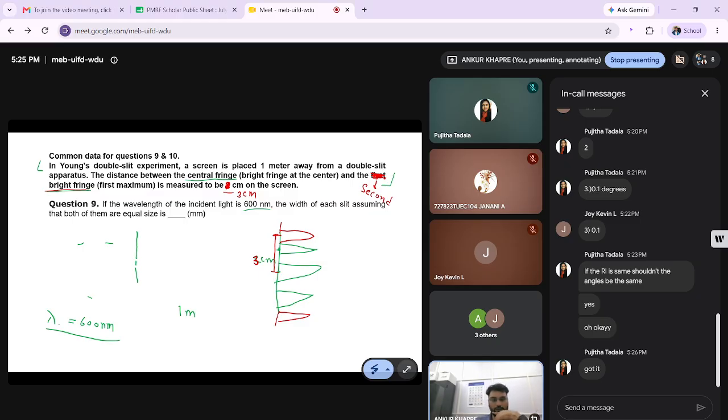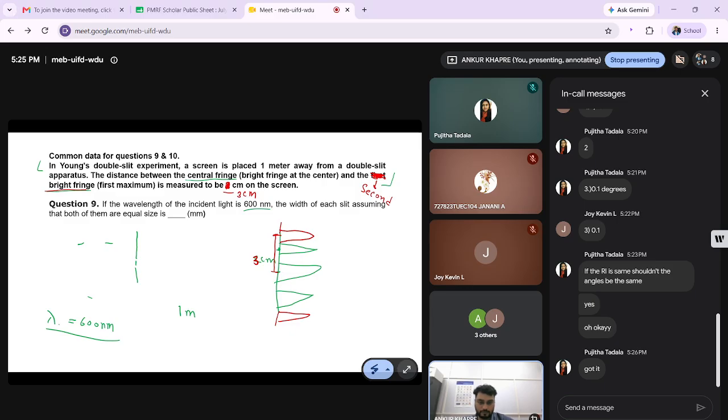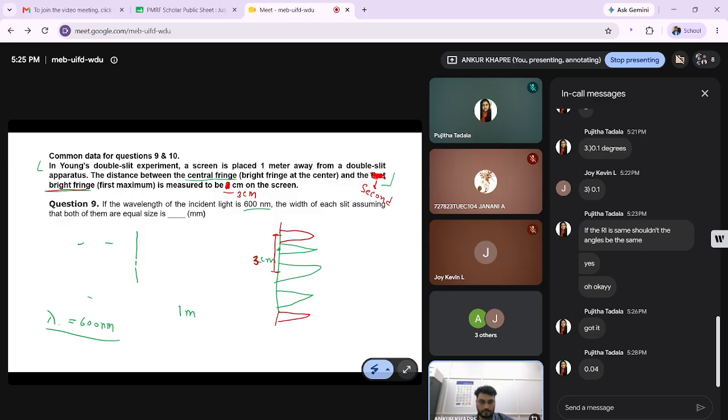Now you solve this question. Everything is the same apart from that. 0.04. Let's see.